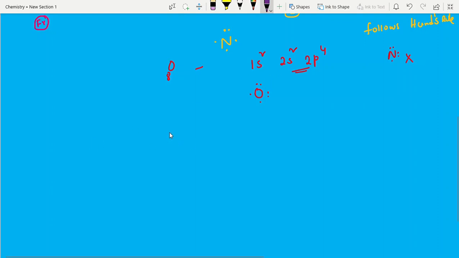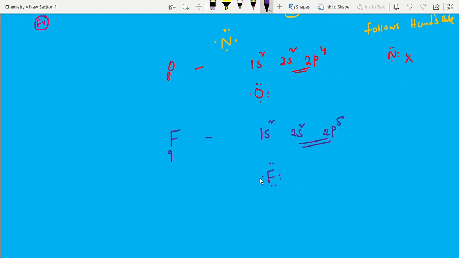Atom. One more I am taking. Suppose fluorine is there. Fluorine atomic number 9. Right? 1s2, 2s2, 2p5. So this is the outermost shell, right? So 1, 2, 3, 4, 5, 6, 7. This is the unpaired electron.